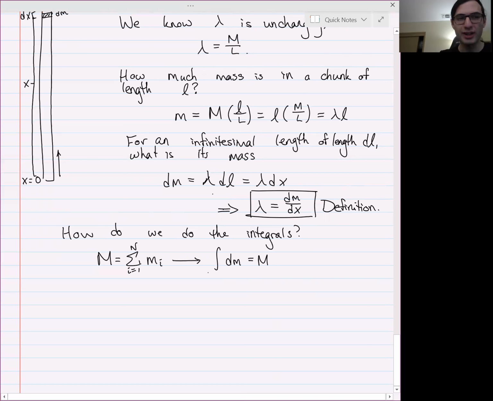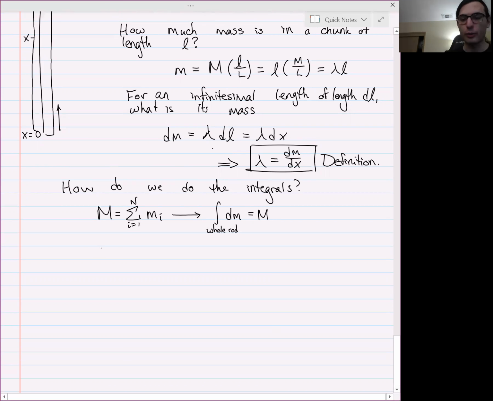And so what are the limits? Well, in this case, we're summing over the whole rod, but I don't really know what that means when m is our variable. So instead, what we do is we rewrite this integral as a spatial integral. We use a substitution. dm is just lambda dx.